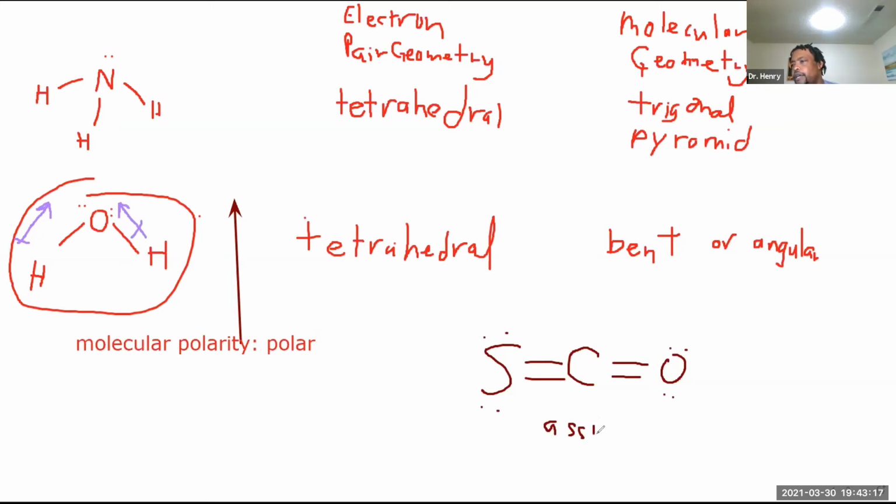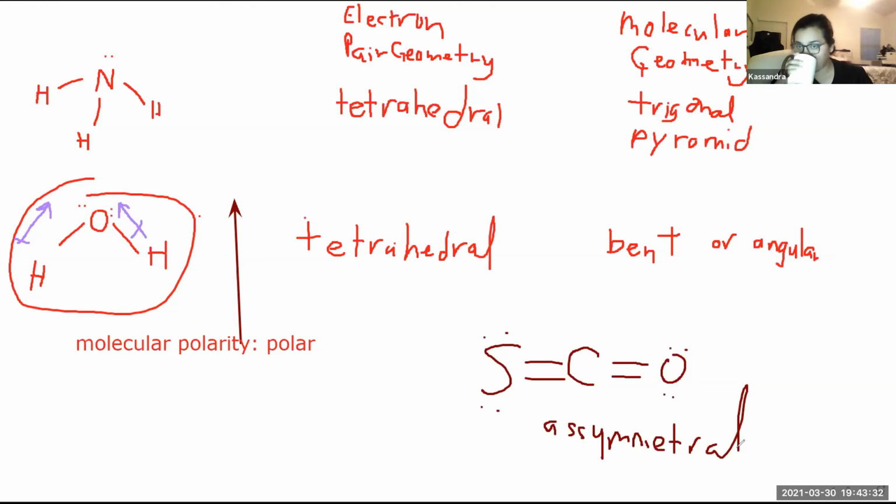So this guy is asymmetrical because these are not equal. Now, water, we know. And so that's an example where we have polar, but have symmetry.